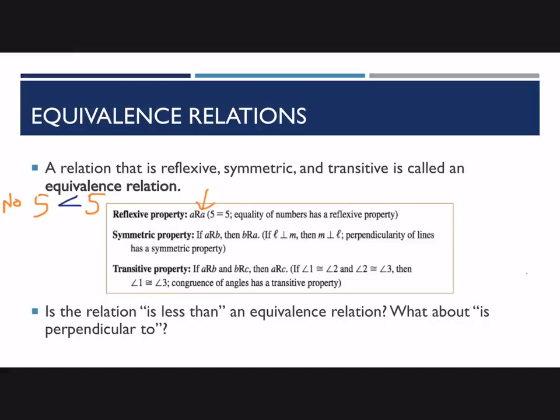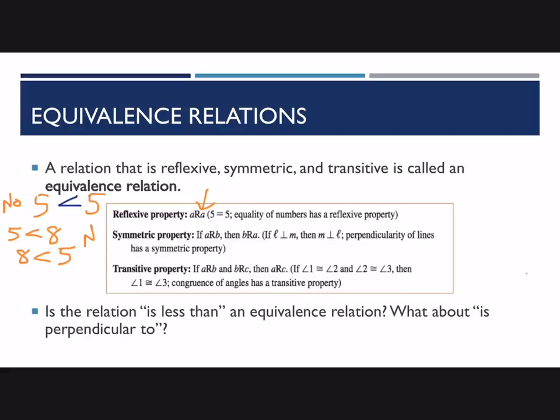So right away we know it's not an equivalence relation, but it is interesting to just go on and look to see if it has these other properties. So the symmetric property, we want to know if, okay, now these A and B are two different things. All right, so we want to know, for example, if 5 is less than 8, is it also true, can we flip-flop this? Does that mean that 8 is less than 5?